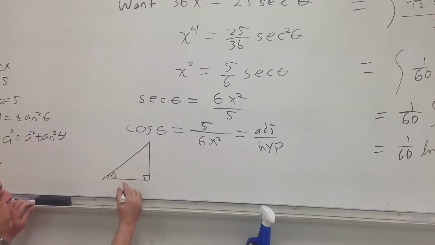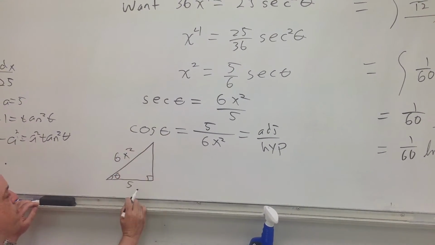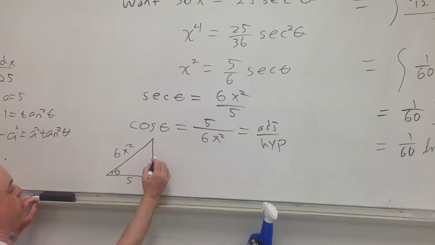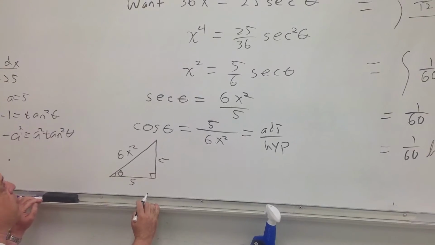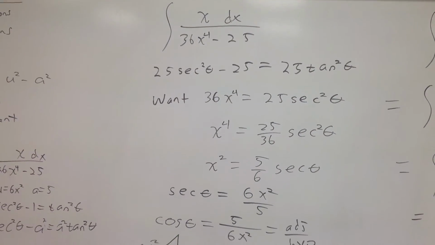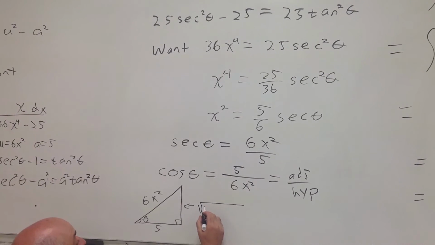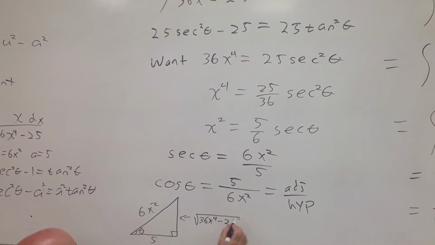So adjacent is here, that's 5, hypotenuse 6x squared. And if I use Pythagorean theorem to solve for the third, it's no coincidence, but this is going to end up involving the expression that made us do the substitution to begin with. This is going to be the square root of 36x to the fourth minus 25.